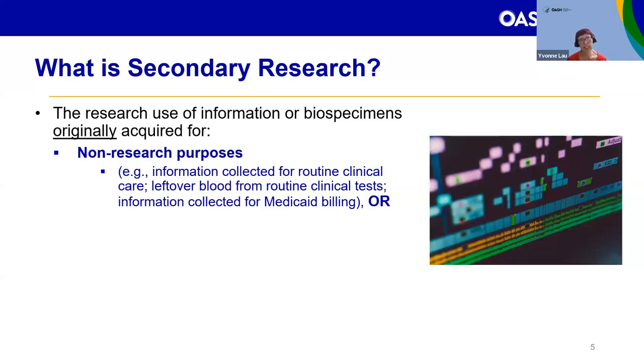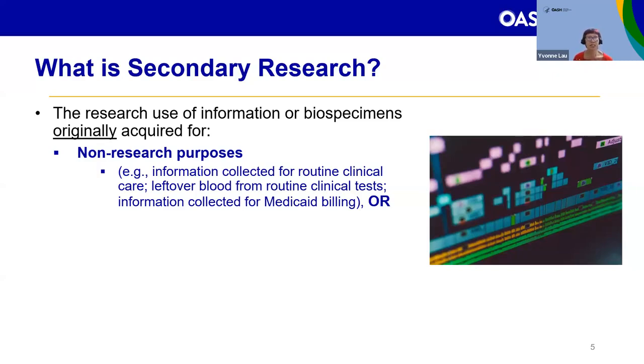People go to the doctor to have a diagnosis made, and they might have blood tests taken. The doctor will ask them about their history and conduct a physical examination. All that information may be entered into an electronic format, but it's all done for the purpose of clinical care. So the information or biospecimens were not collected for research purposes.